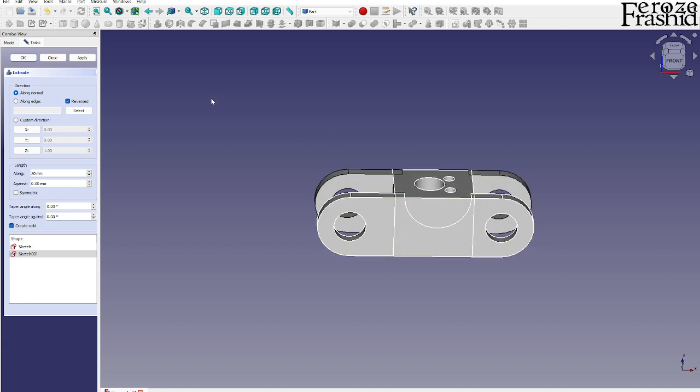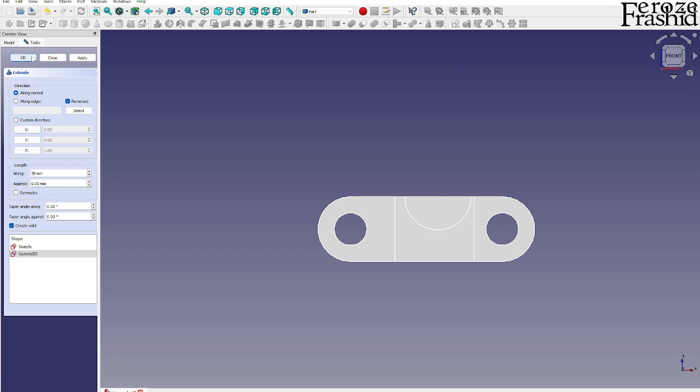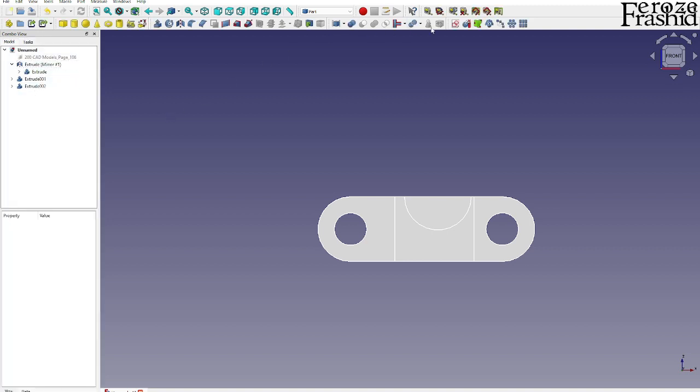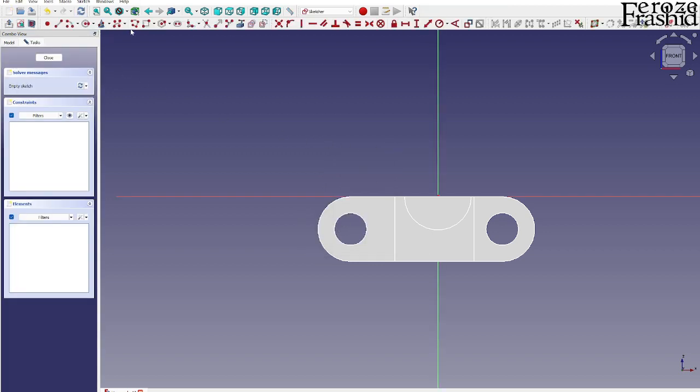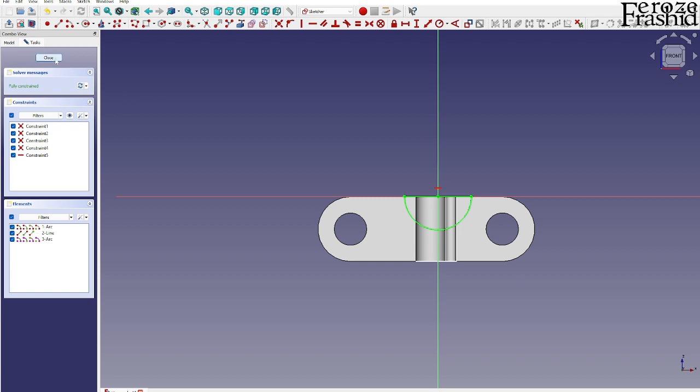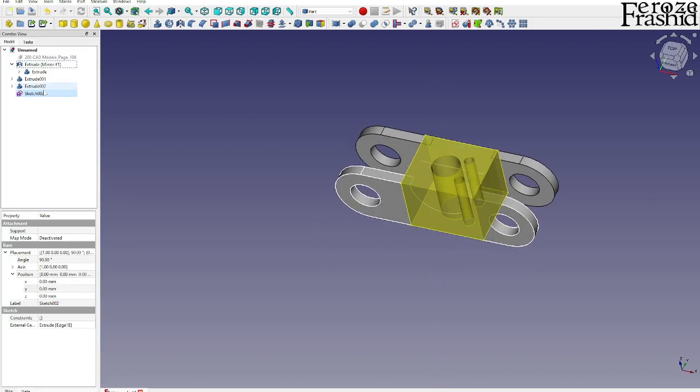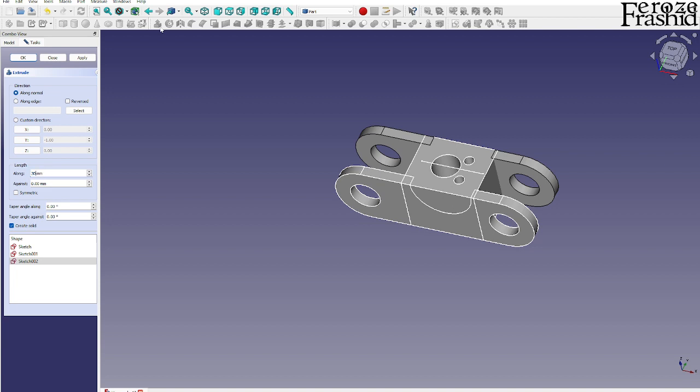So I want to draw a sketch on the XZ plane, and on that one, all I want to do is take this one and draw an arc. Then draw a center line to close this gap. So there it is. That's the sketch, and I want to extrude that for 30 millimeters and also make it symmetric by the axis.